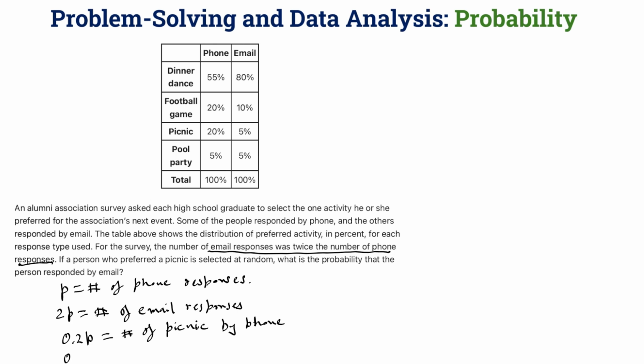So it's going to be 0.05 times 2p, which is going to be equal to 0.1p. And so that's going to be the number of picnic responses by email.